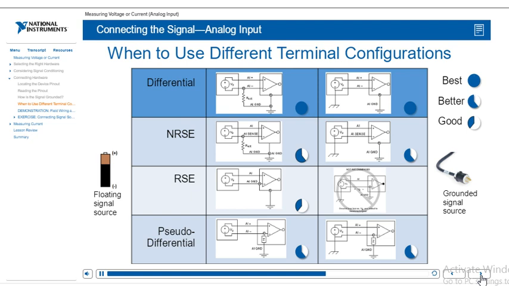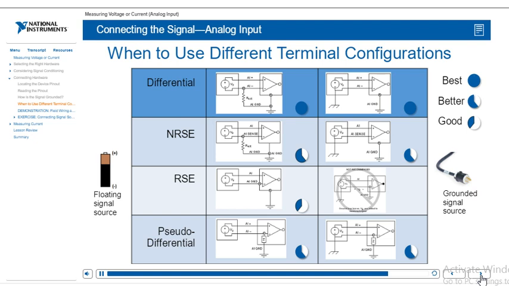Now let's say the signal source is grounded. We check the chart, and we can see that with a grounded source, we can simply connect the positive into the positive AI terminal, and then the negative into the negative AI terminal.